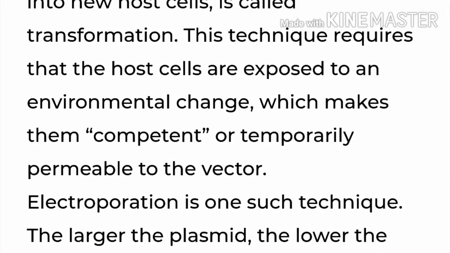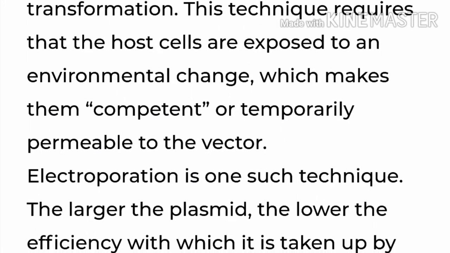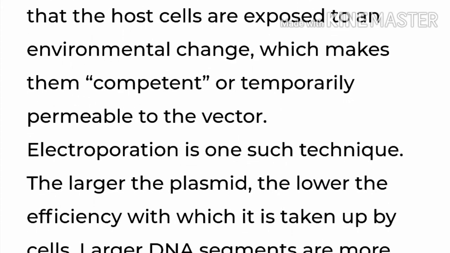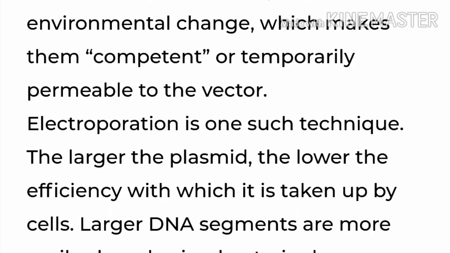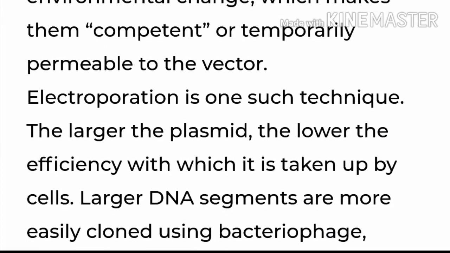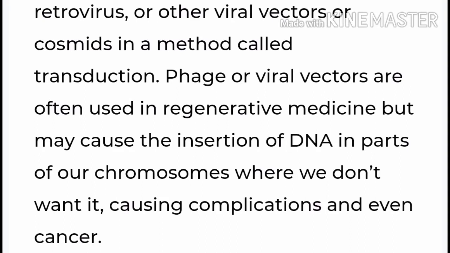Electrophoresis is one such technique. The larger the plasmid, the lower the efficiency with which it is taken up by cells. Larger DNA segments are more easily cloned using bacteriophage, retrovirus or other viral vectors or plasmid in a method called transduction.